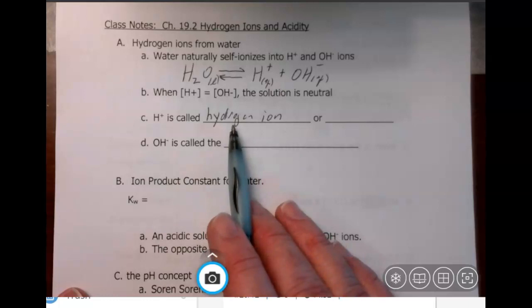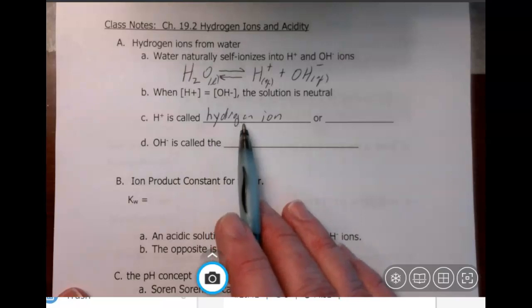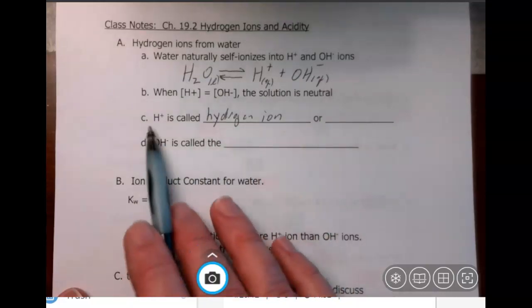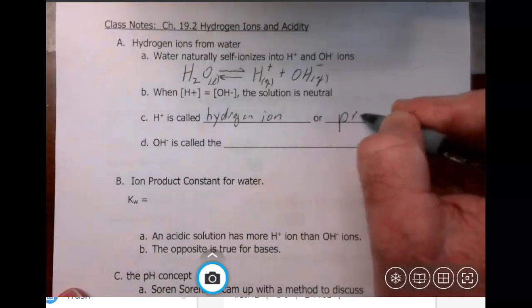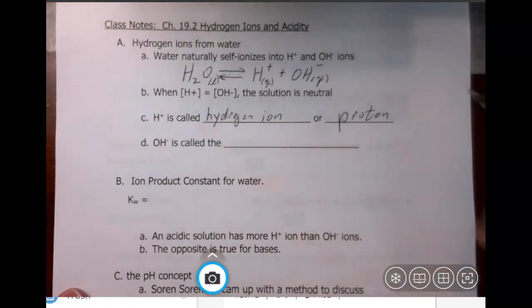So, the most common isotope of hydrogen just has one proton and one electron with no neutrons. So when you lose the one electron, all you're left with is a proton. So some people call the H+ ion a proton because that's what it is. A hydrogen that's lost its one electron is a proton.